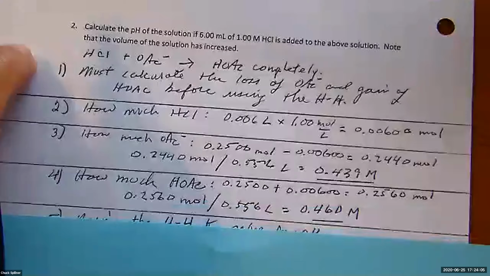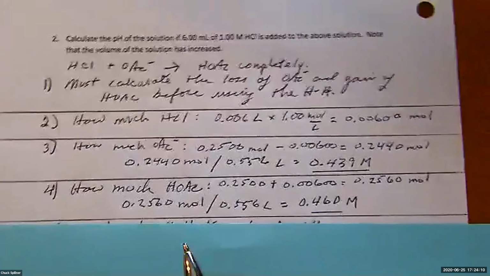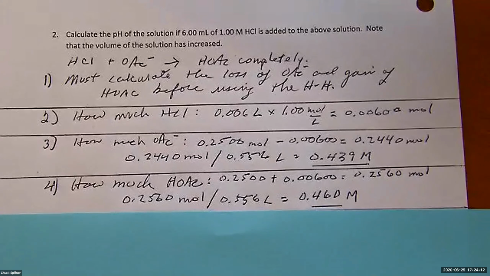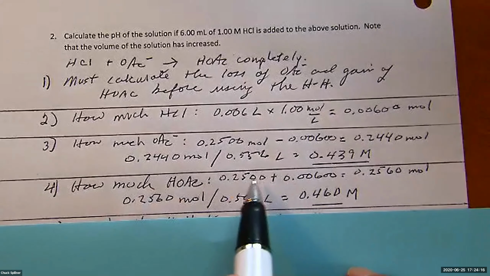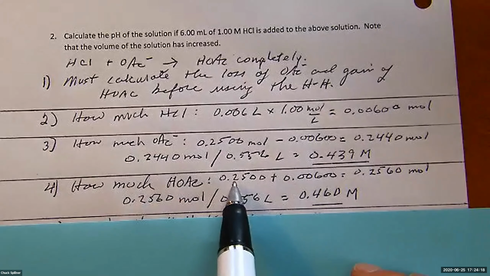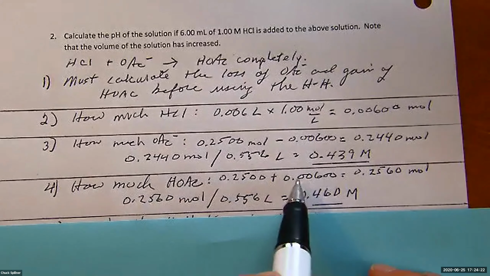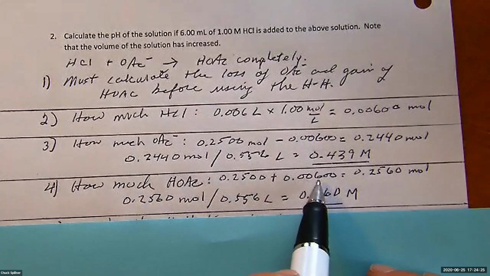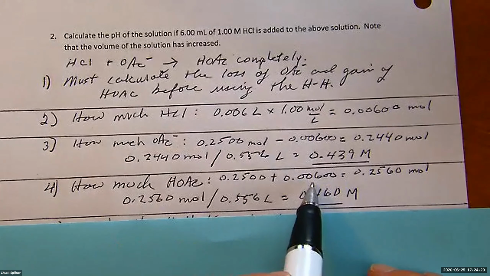Step 4, we need to calculate how much acetic acid has been produced in this reaction. We know that originally we had about 0.2500 moles of acetic acid. We're going to add 0.006 moles, because that's how much acetate anion was converted into acetic acid with the added HCl.